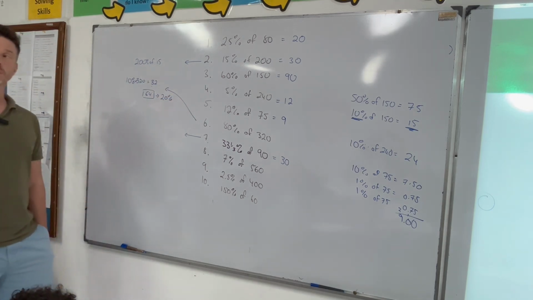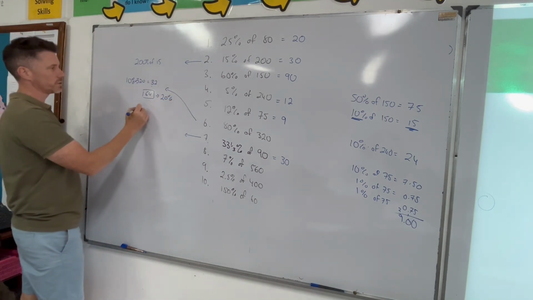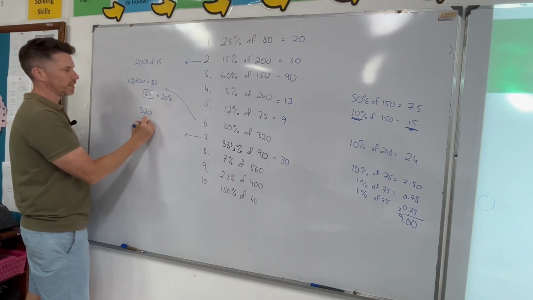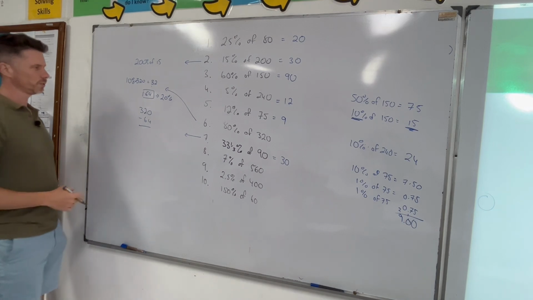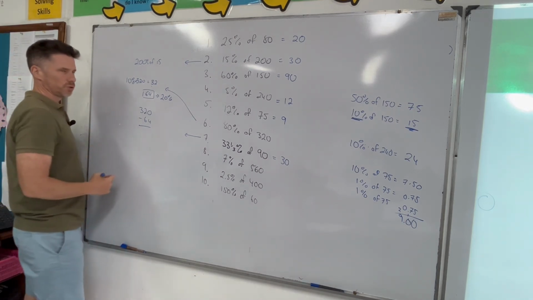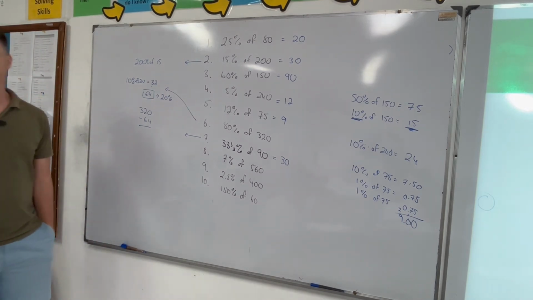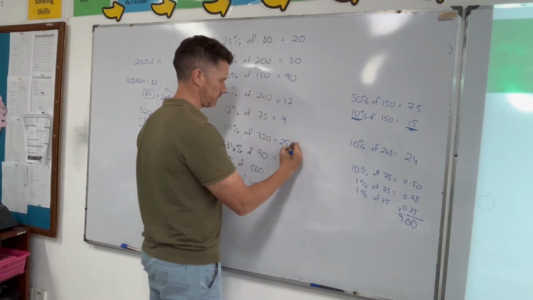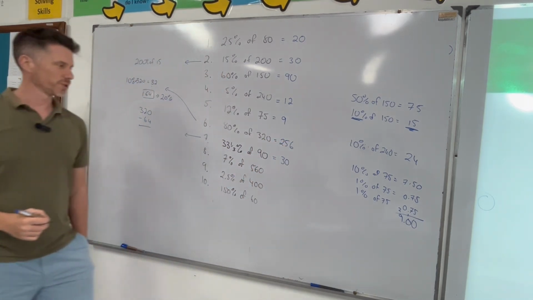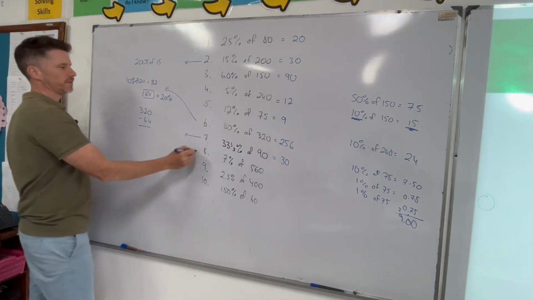So I need to take away 20% to get 80%. So 320 take away 64. This mightn't be the easiest way to do this one, but we'll take it away. What do we get? 256, yes. 256.